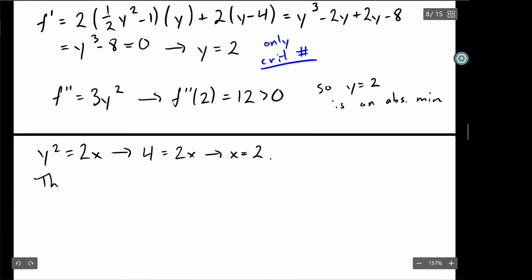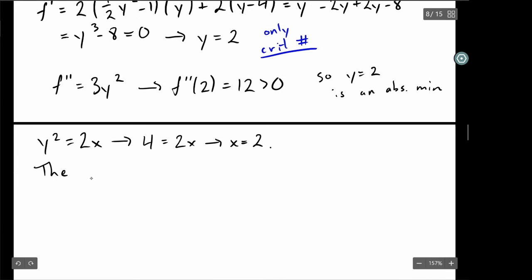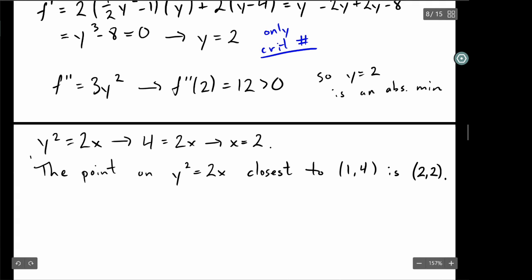So to summarize our answer, the point on y squared equals 2x closest to (1, 4) is x is 2, y is 2, so (2, 2). And that's it.